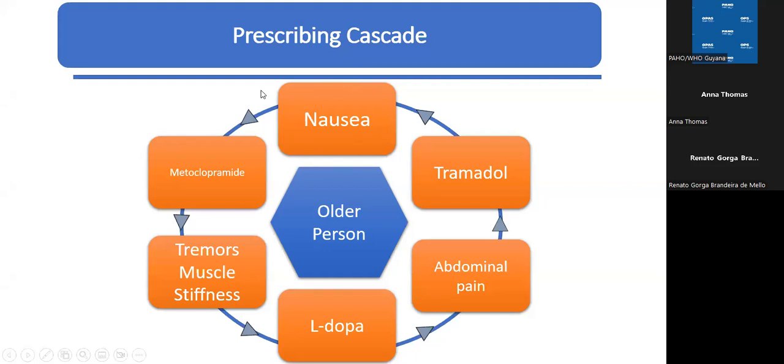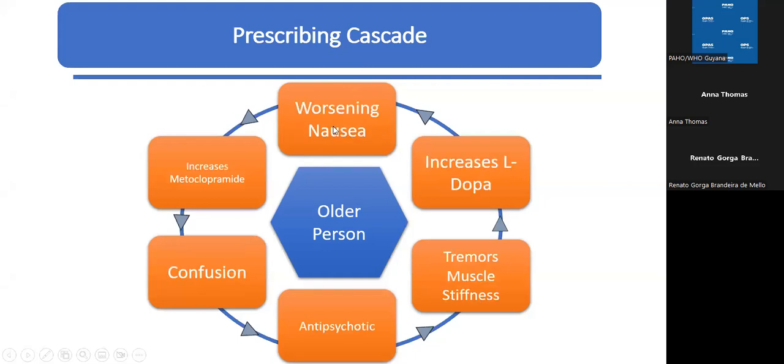And then the doctor increases the metoclopramide dose. And the patient then presents with confusion, delirium. And for this acute confusion state, another doctor prescribed an antipsychotic medication.